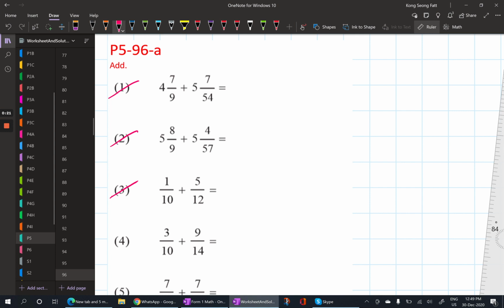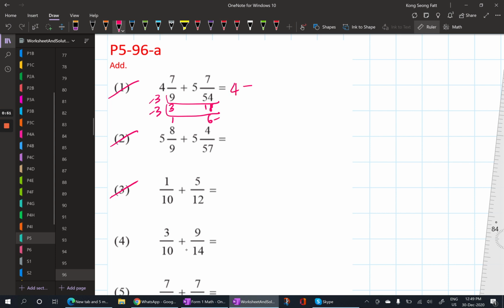4/7/9, 5/7/54. To determine the LCM, you know that 9 can be divided by 3, you get 3, and this is 1. 3 times 3, 8, 24. Can further be divided by 3, you get 1 and 6. 3 times 3, 9, 9 times 6, 54.